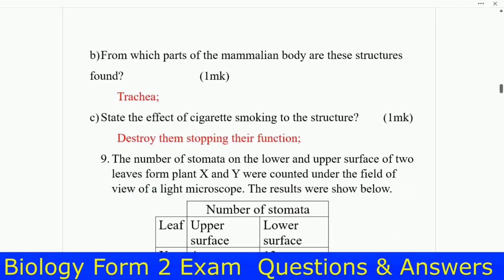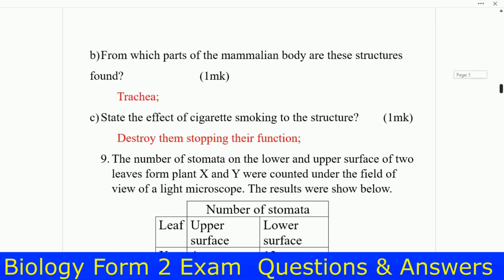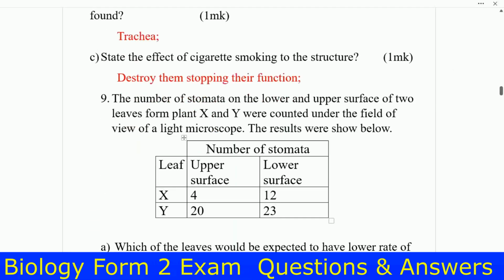Next, you're told from which part of the mammalian body this structure is found. That one is the trachea. Number C, state the effect of cigarette smoking on the structure. How does cigarette smoking affect this area here? It destroys them, stopping their function.